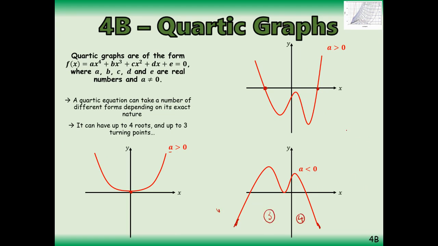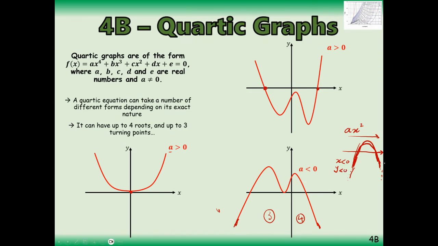Just like when we had a times x squared, and I said that would have a sad face. It depended whether the x-axis was here or here. In any case, the endpoints of the graph, where the line goes into infinity, on this side is going to minus infinity: when x is less than 0, y will be less than 0.